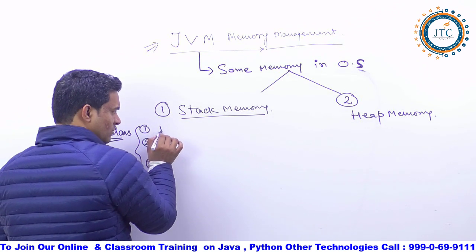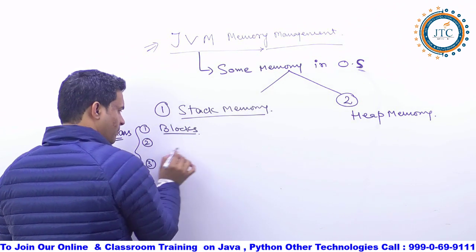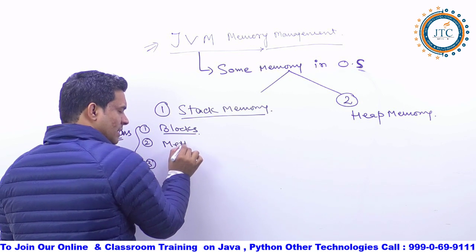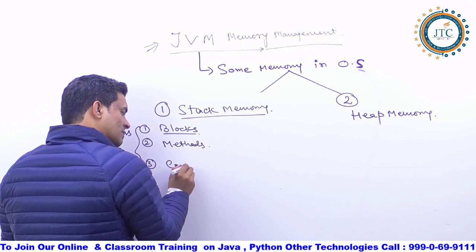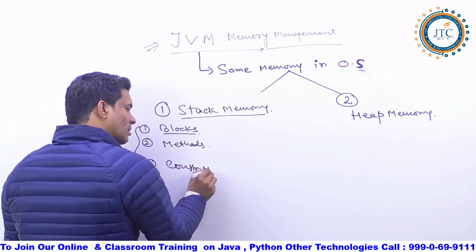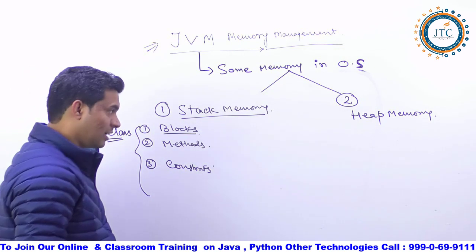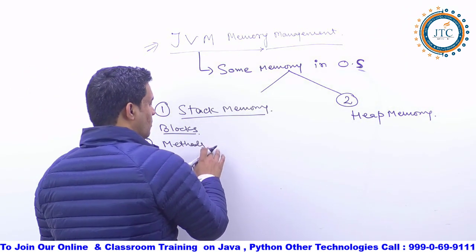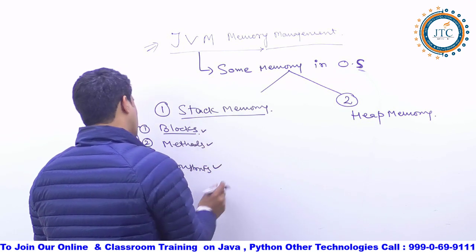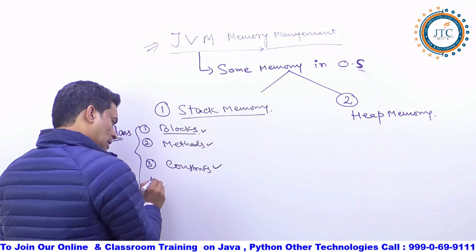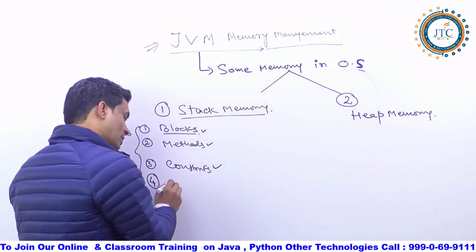One is the blocks, second is the methods, next the constructors. So blocks, methods as well as constructors. And the fourth point is the enum.